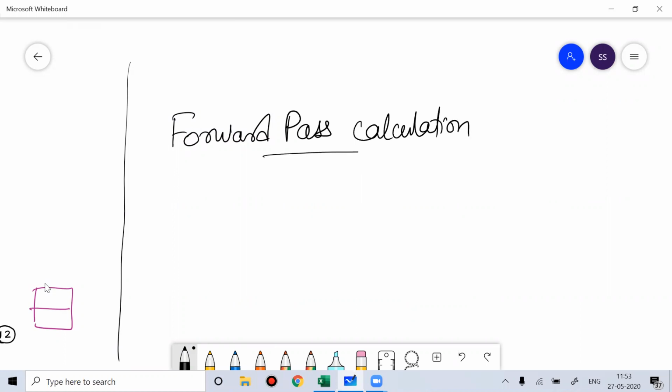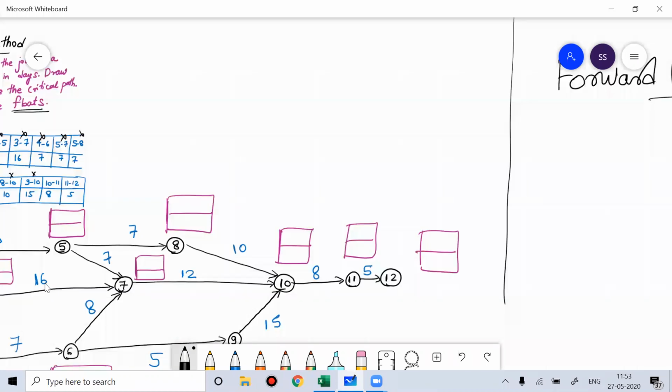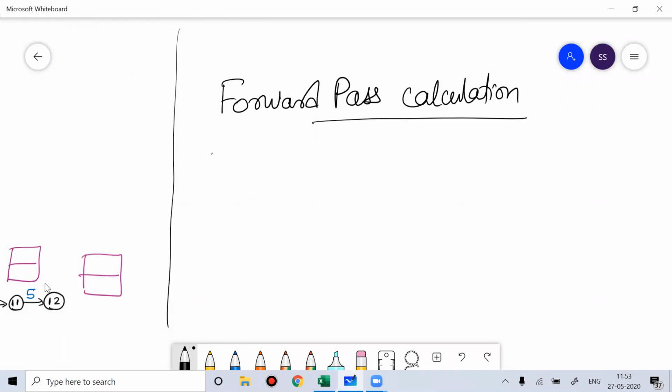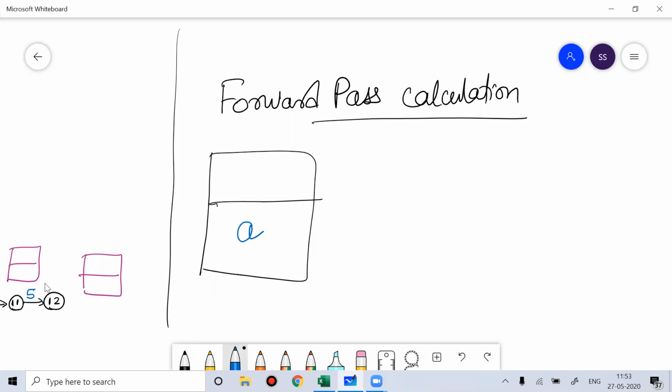You see, for every node I have made this rectangle like this. In this rectangle, if this is A and this is B, A stands for earliest start time.